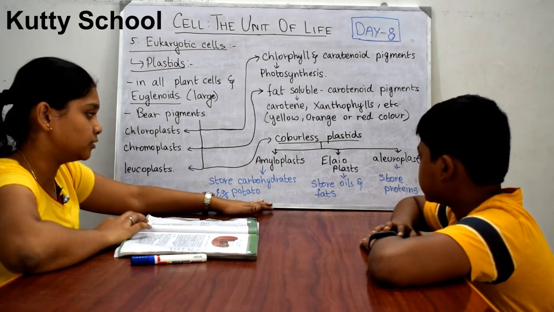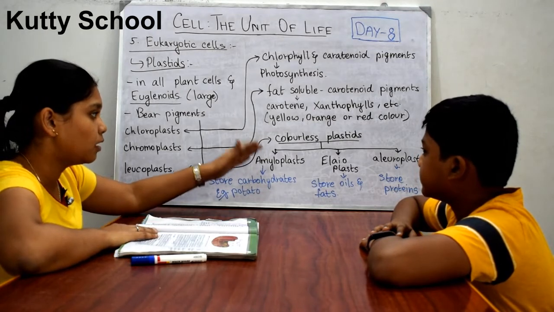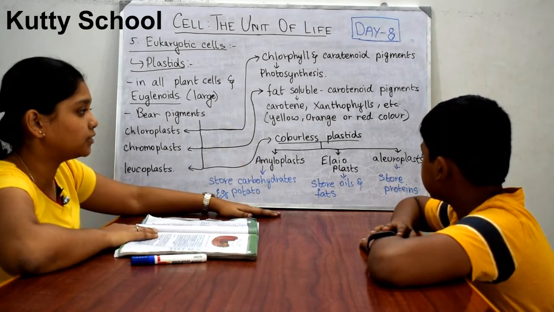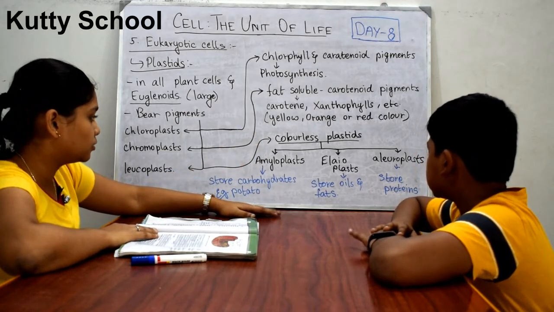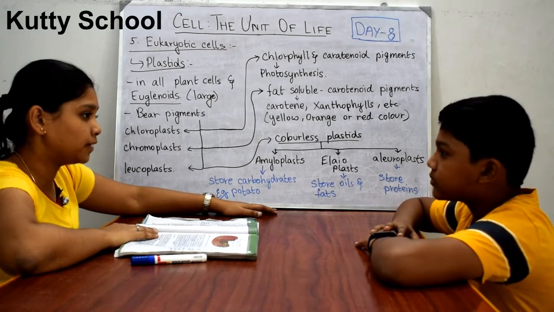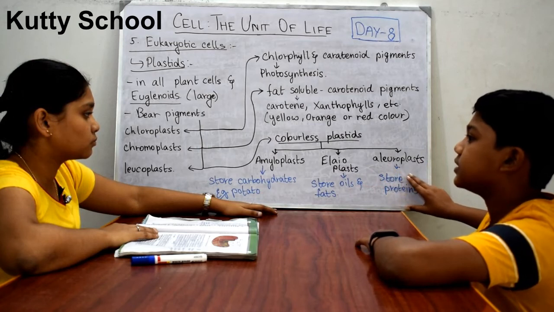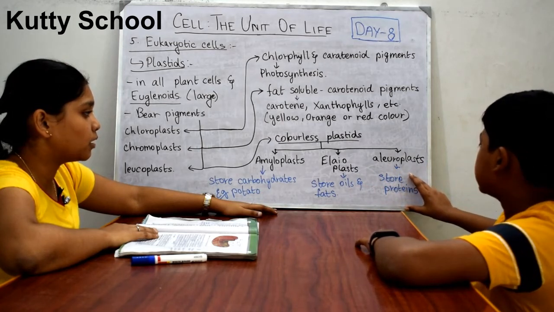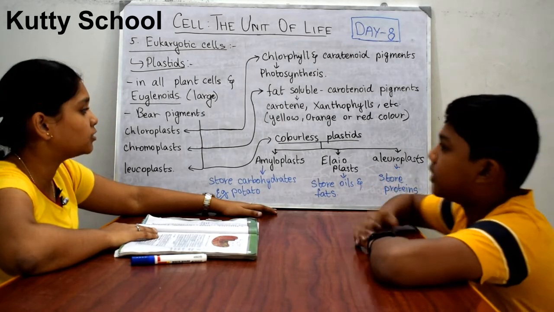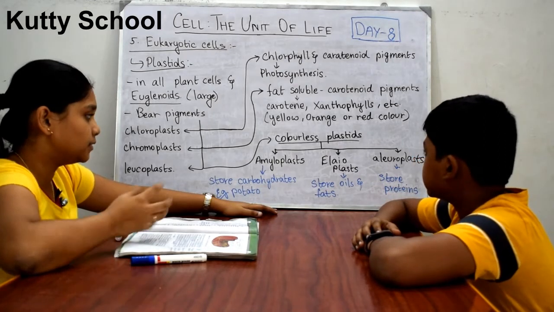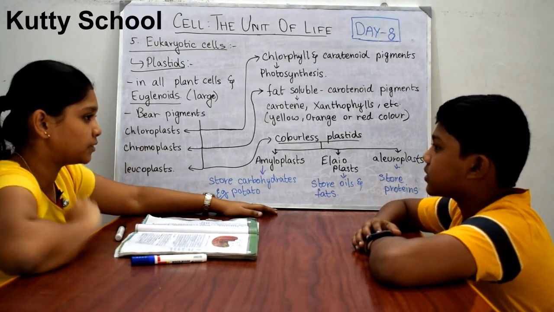Elaioplasts store oils and fats. Aleuroplasts store proteins in them, for example in cashew nuts. These three are the divisions under leucoplasts. Plastids are generally present inside plant cells.